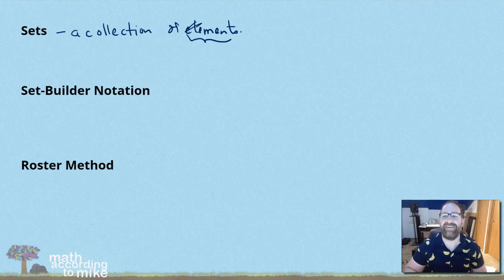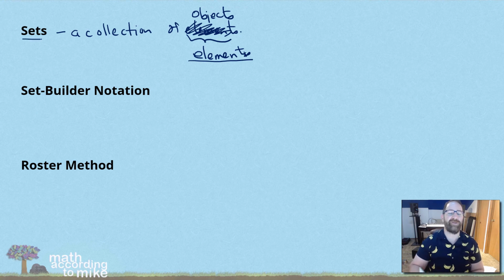It's not supposed to be a collection of elements. It's supposed to be a collection of objects. I'm writing in pen, you say. Sorry. A collection of objects, and those objects are called elements. There we go. So we have two terms in one definition. You're welcome.